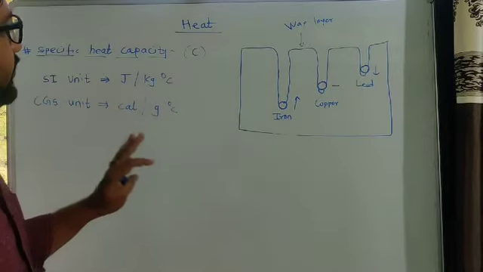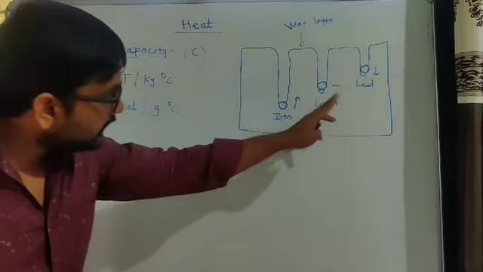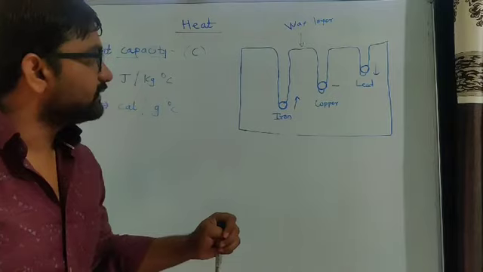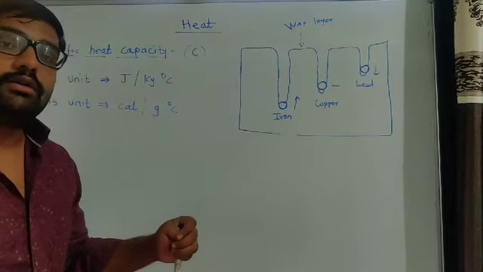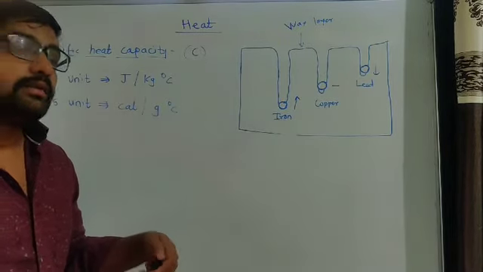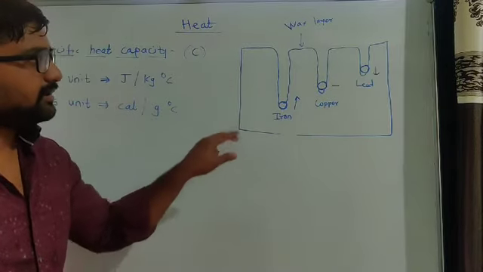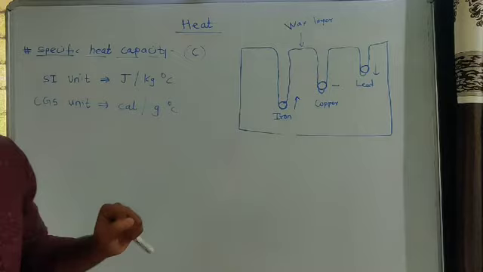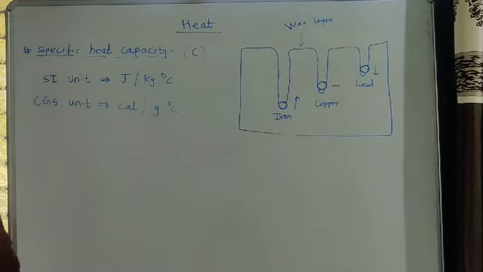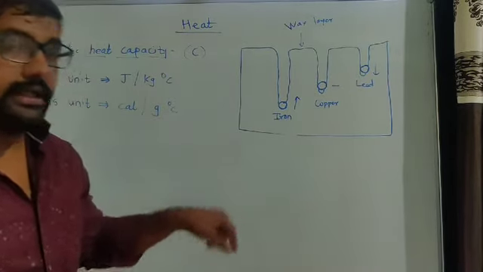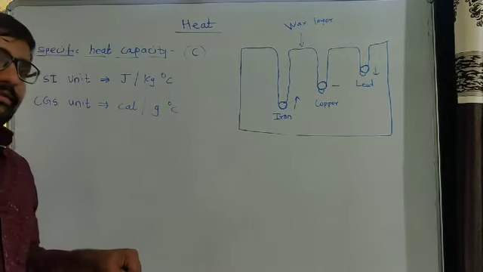So iron has a higher specific heat capacity compared to these two cases, lead and copper. At the same temperature, it will acquire more heat as compared to copper and lead. That is why it will go deep inside the wax layer.